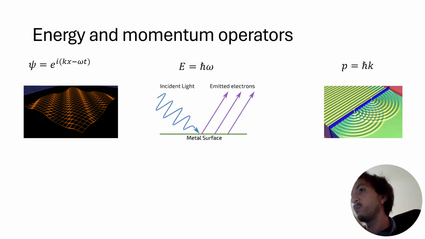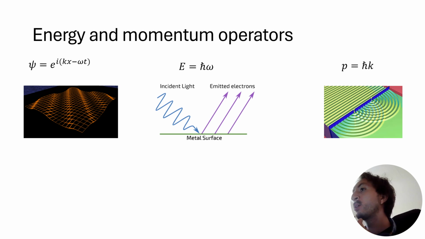Now, the other constant apart from k in our plane wave is omega, and omega, it turns out, relates to the energy of a particle. You can see this through the photoelectric effect, where you shine photons at a metal surface, and free electrons on the metal surface can get liberated if the photons have enough energy.